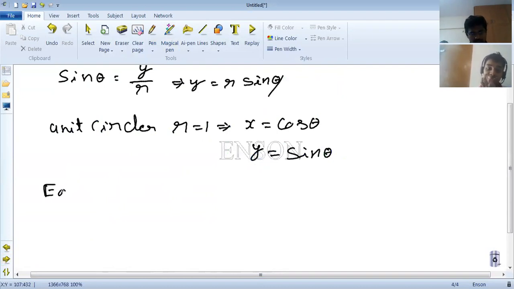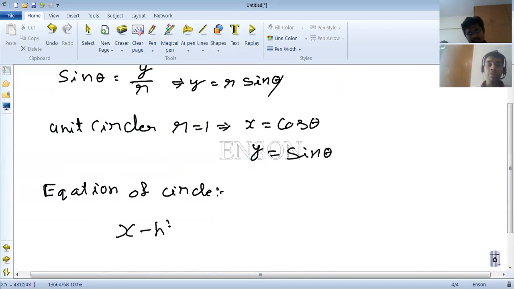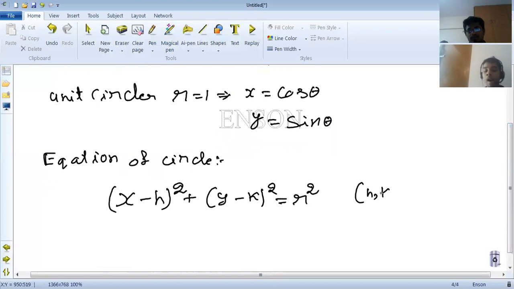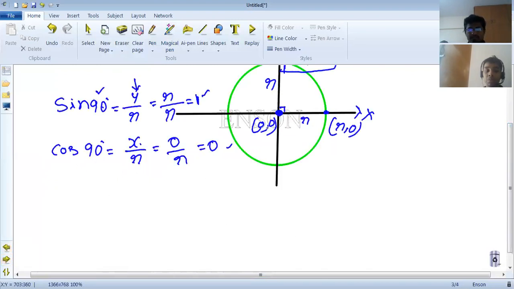So what is the equation of a circle? The equation of a circle is (x minus h) whole square plus (y minus k) whole square is equal to r square, correct? Where h comma k is the center, correct? Now the center of the unit circle is 0 comma 0.